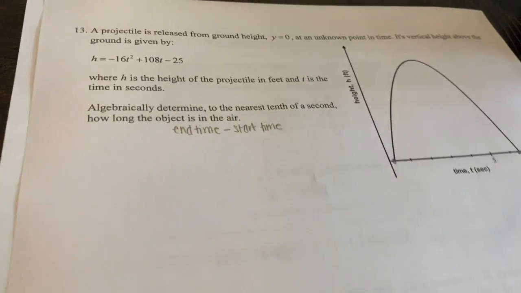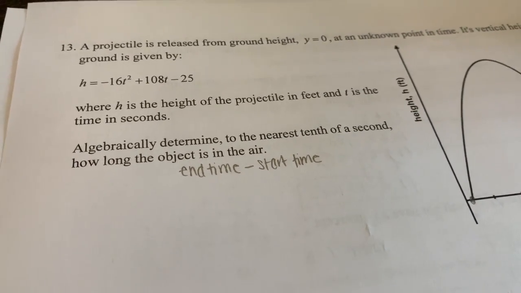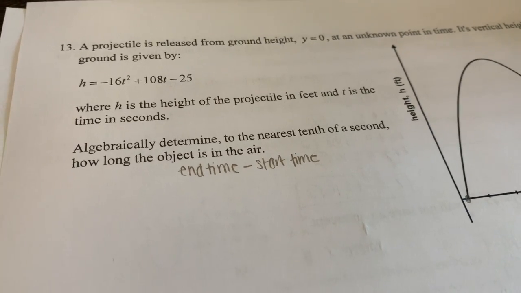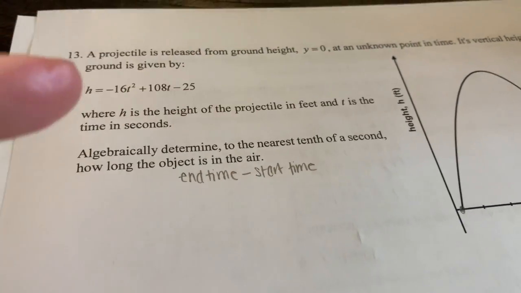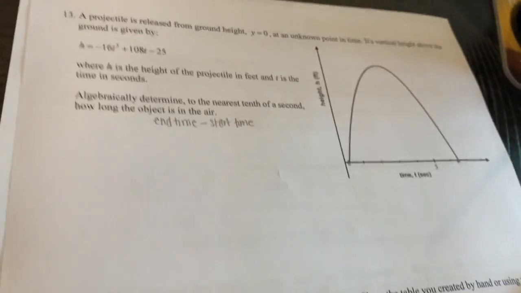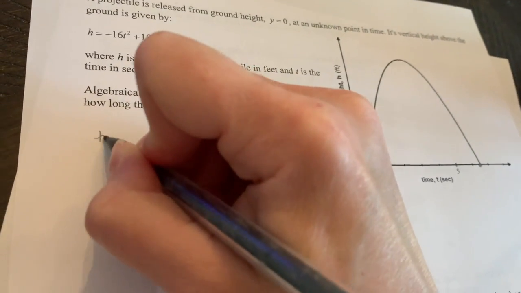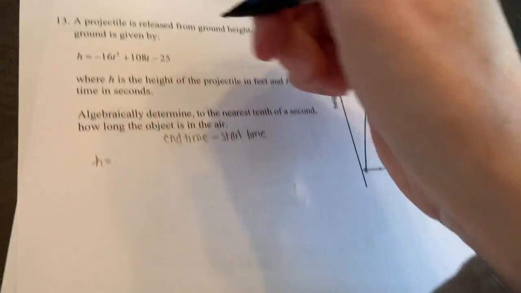So you can pick whatever method you'd like to use for this, but I will tell you that the most straightforward method in general when you have large numbers like this is to use the quadratic formula. Okay, so I'm going to do it that way. So it's going to be h equals, first I'll say a, b, and c.